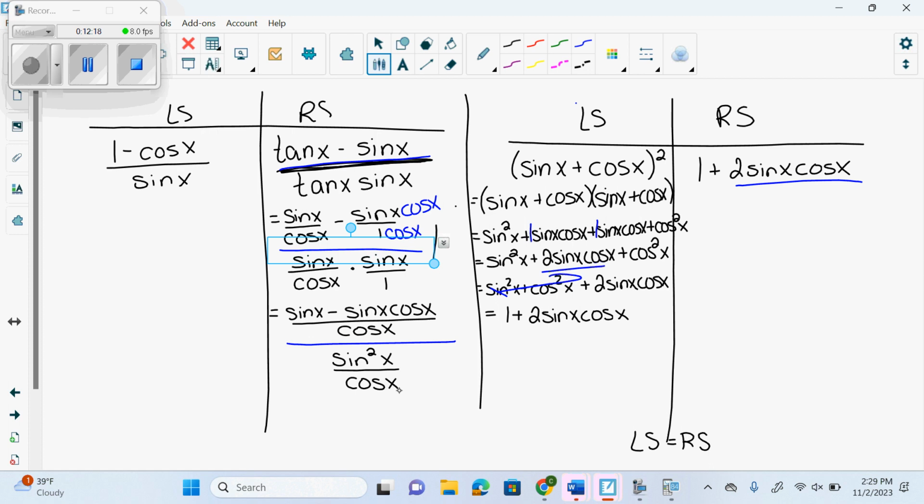Yeah, so I could flip them. What do I see in the top here? Take out a sine x. So if I GCF a sine x out of this top, I'm left with 1 minus cos x over cos x. And then I can flip the bottom. So I'm going to get cos x over sine squared x.